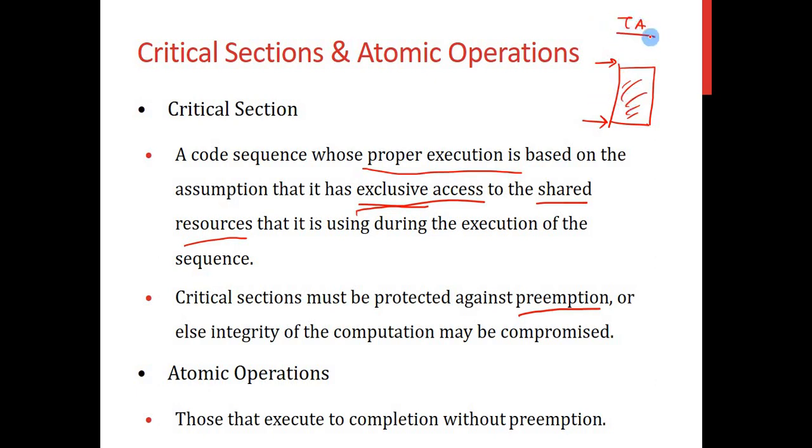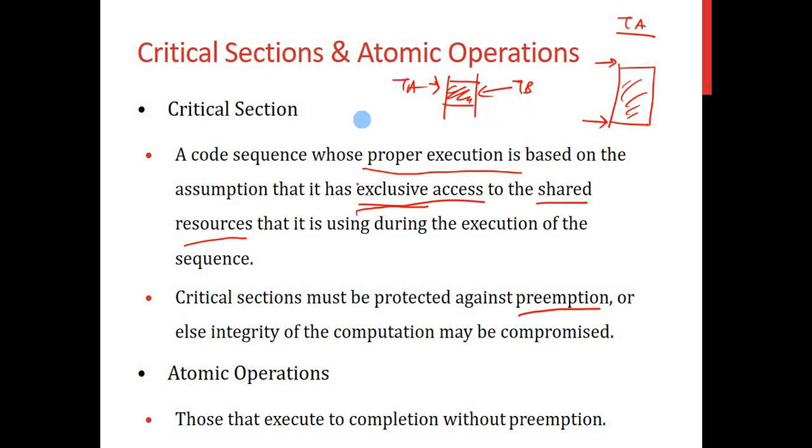Let's say I call it task A. And why is this important? Because in many of our code bases, we may have shared memory elements. You may have a shared buffer that both task A and task B will access. If both of them are reading and writing to this shared memory, and we want to ensure data integrity, we need to make sure that if task A is doing something to this shared memory, it must be allowed to complete fully before task B has any access to it.